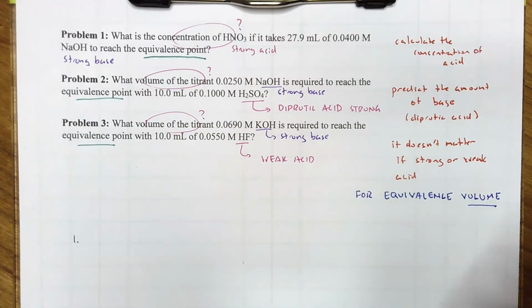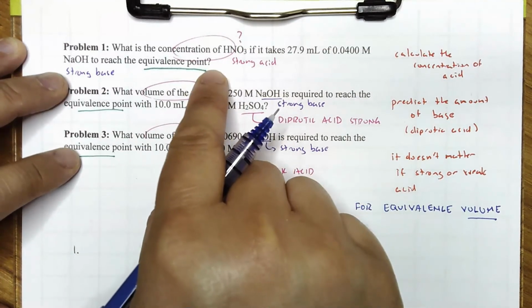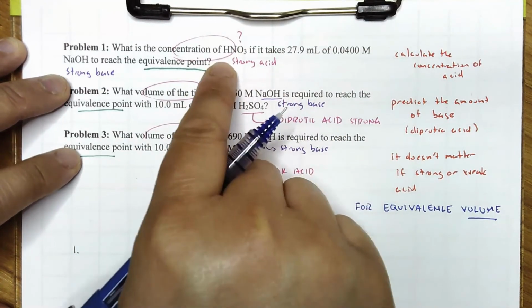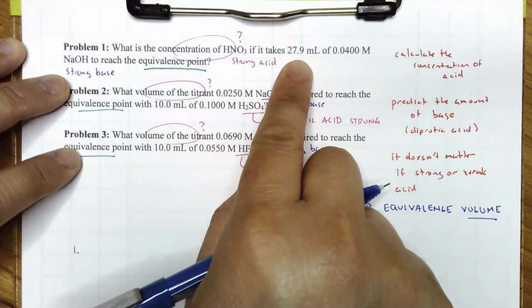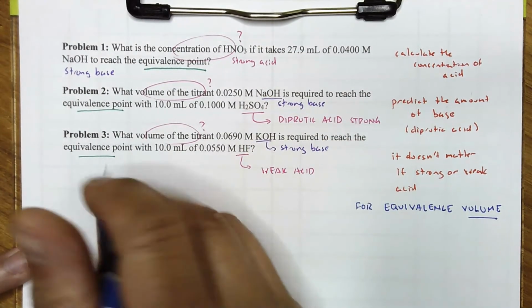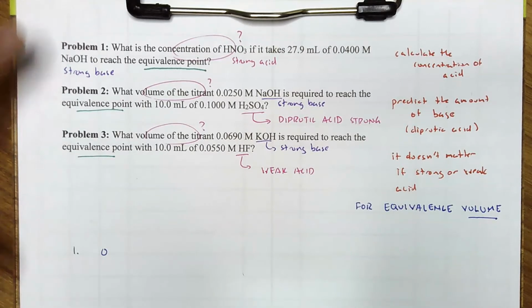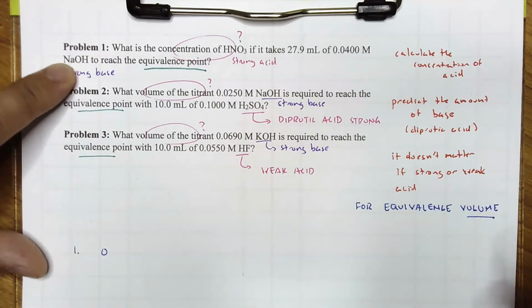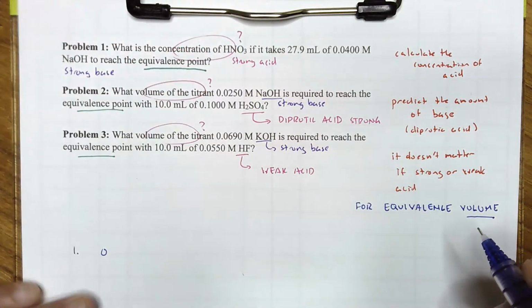At the equivalence point, we need enough base to neutralize all of the acid. In this question, they're asking what is the concentration of HNO3 if we use this much base. So we're going to take the amount of base and figure out how many moles of OH minus was created, because it's the OH minus that neutralizes the H plus of nitric acid.